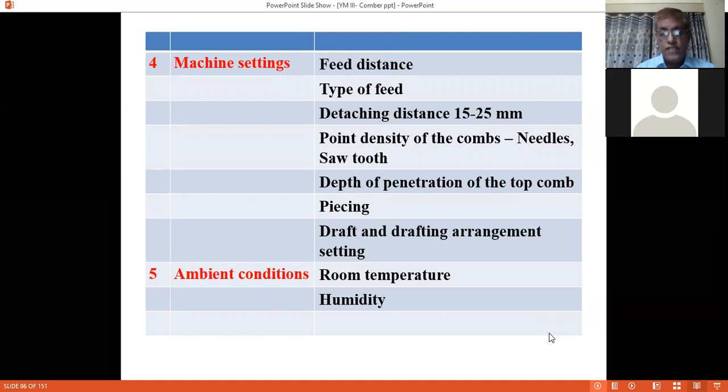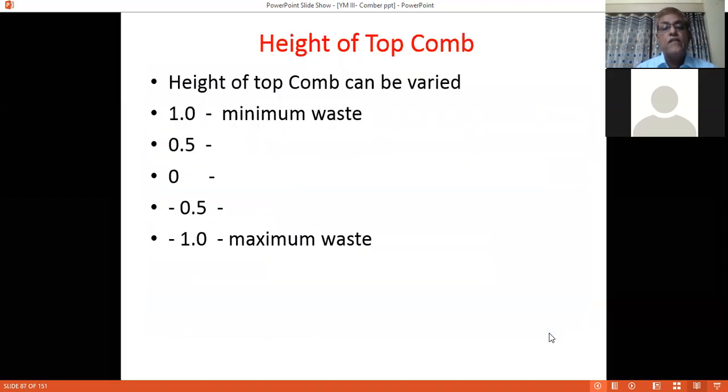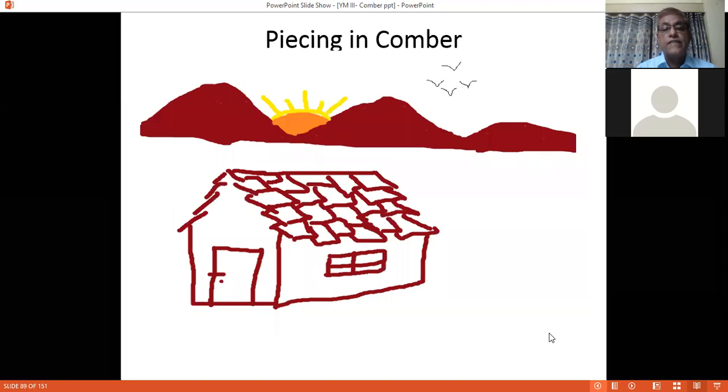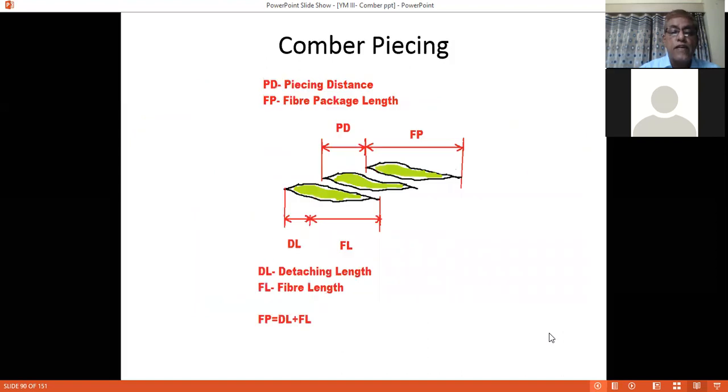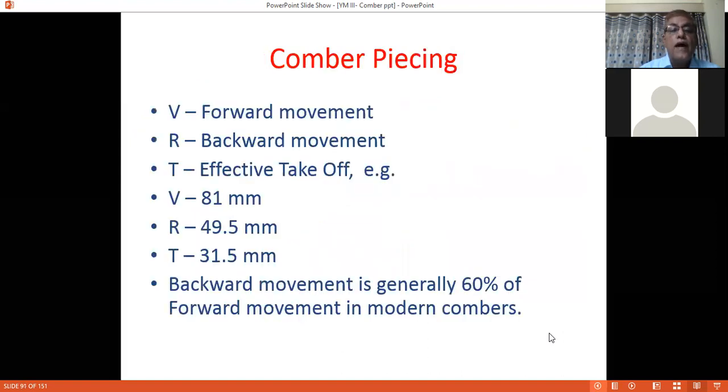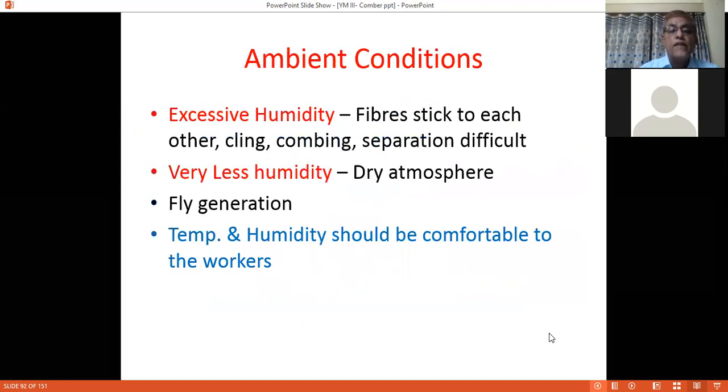And the last point is ambient conditions. So in the comber, as in other textile machines also, in the whole textile department, there is an importance of temperature and relative humidity. So comber is also affected by humidity.